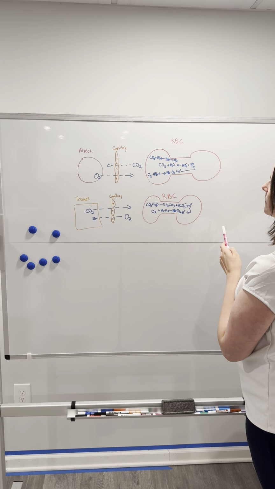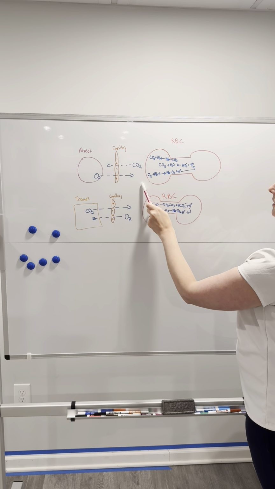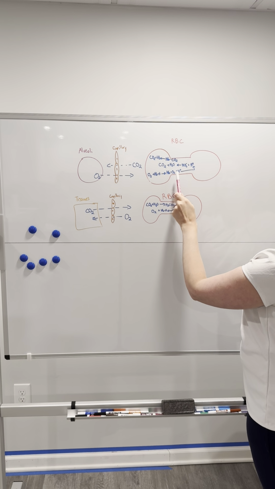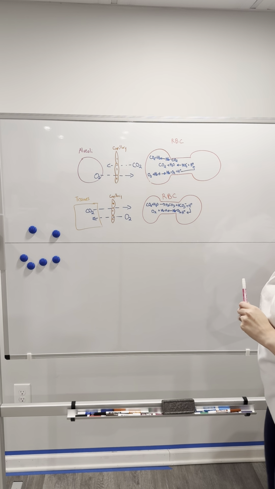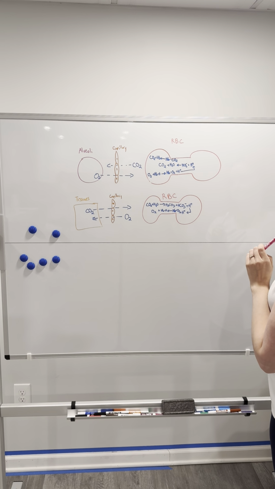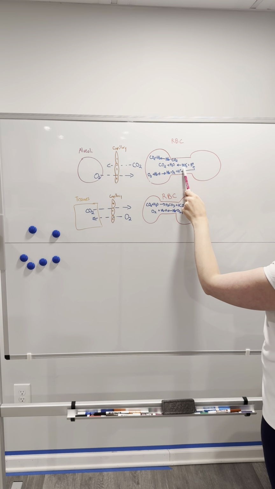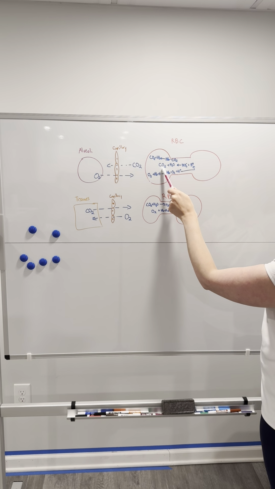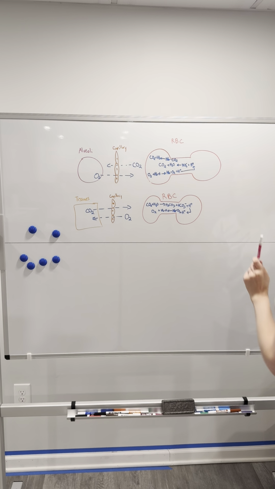So here we have oxygen leaving the alveoli, and oxygen now is going to bind to our hemoglobin, and now we have a hydrogen ion left over because hydrogen was bound to hemoglobin before. That hydrogen ion can bind with bicarbonate and then cause carbon dioxide and water, and then the carbon dioxide can be released.